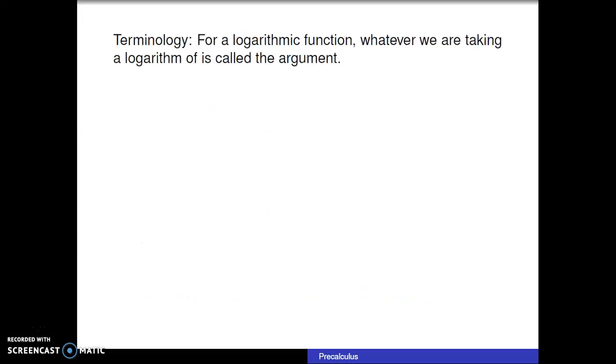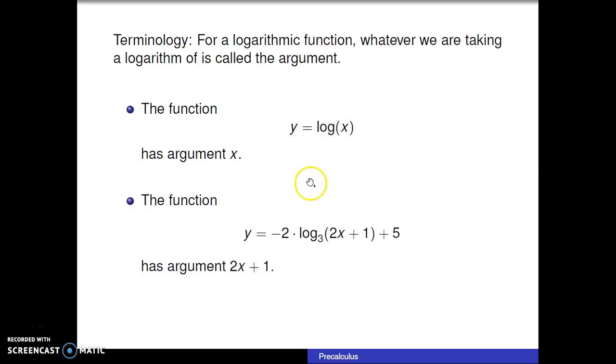Okay, so we need one piece of terminology, and that is for a logarithmic function, whatever we're taking the logarithm of is called the argument. So for example, in this function, we're taking a logarithm of x, so the argument is x. With this complicated function, we're taking a logarithm of 2x plus 1, so the argument is 2x plus 1.